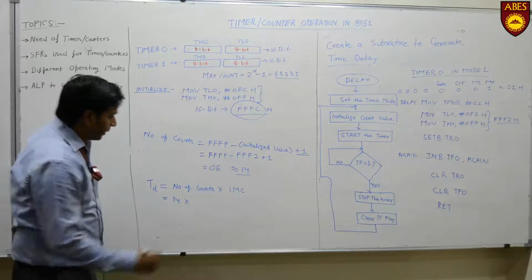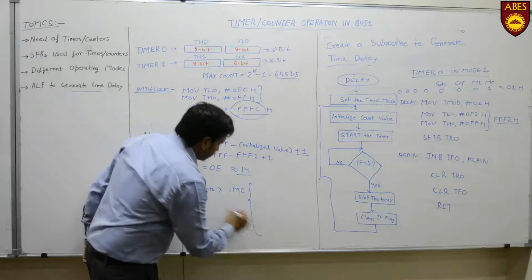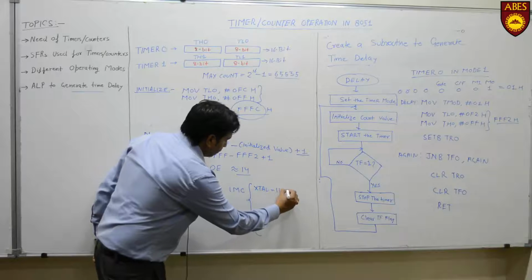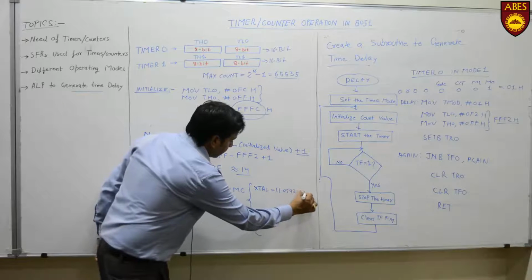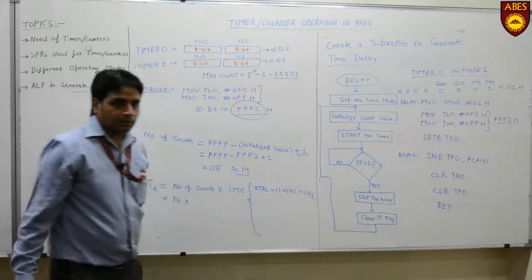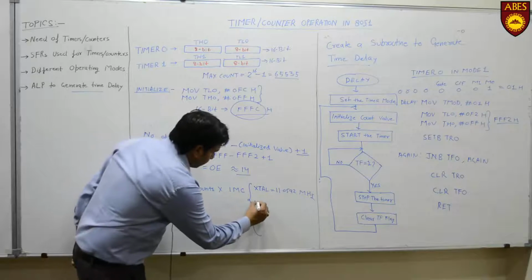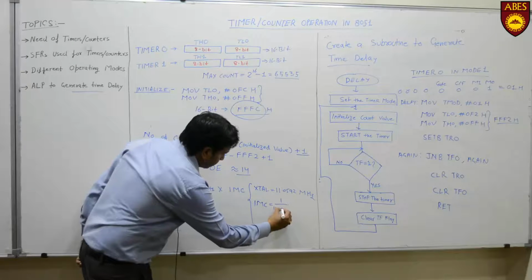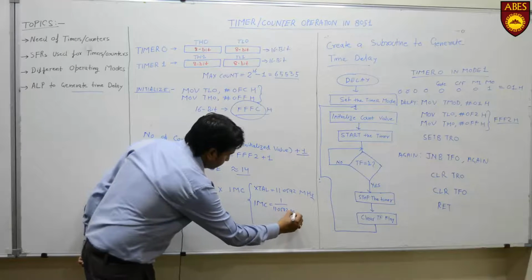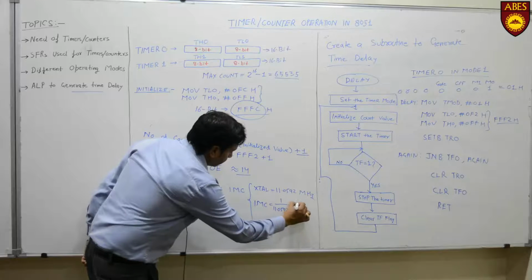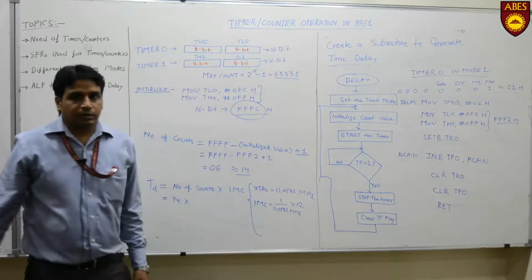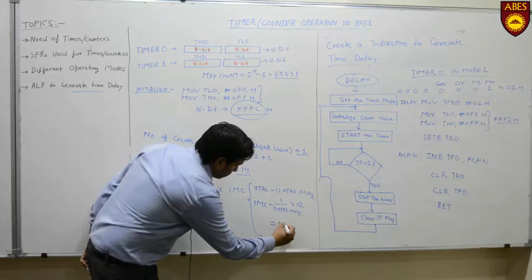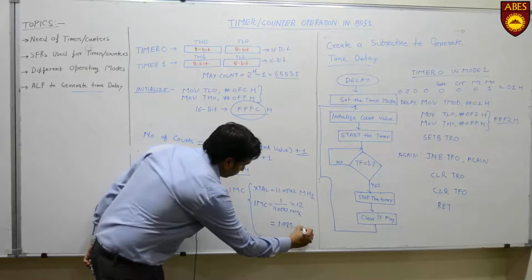Machine cycle actually depends on the frequency of the crystal. So if I take the crystal frequency equal to 11.0592 megahertz, then we can easily find the machine cycle. 1 machine cycle will be equal to 1 divided by the crystal frequency of 11.0592 megahertz, multiplied by 12, because 1 machine cycle consumes 12 clock periods, and this comes to 1.085 microseconds.